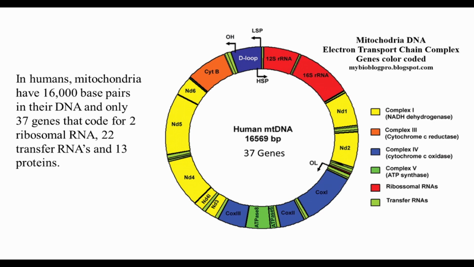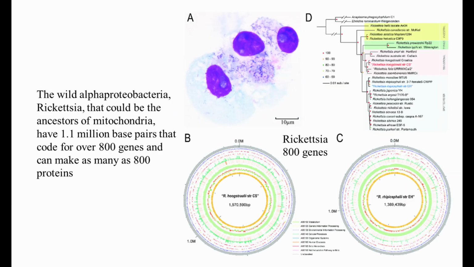In humans, mitochondria have 16,000 base pairs in their DNA and only 37 genes that code for 2 ribosomal RNA, 22 transfer RNAs, and 13 proteins. The wild alpha proteobacteria, rickettsia, that could be the ancestors of mitochondria, have 1.1 million base pairs that code for over 800 genes and can make as many as 800 proteins.